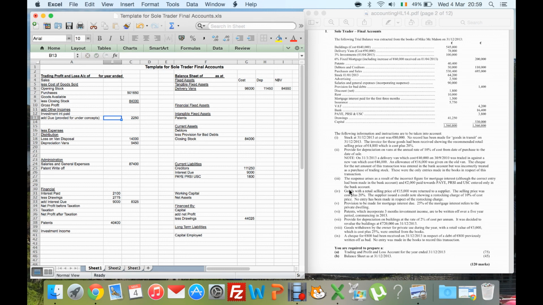We have received, it says 3 months investment, so that would be a third of the 2250 is the amount that's actually been paid. So the amount that's owing is 1500. So I'll put that in as a current asset.